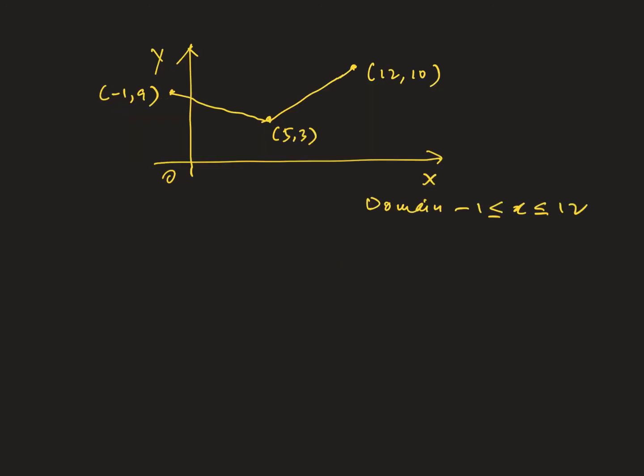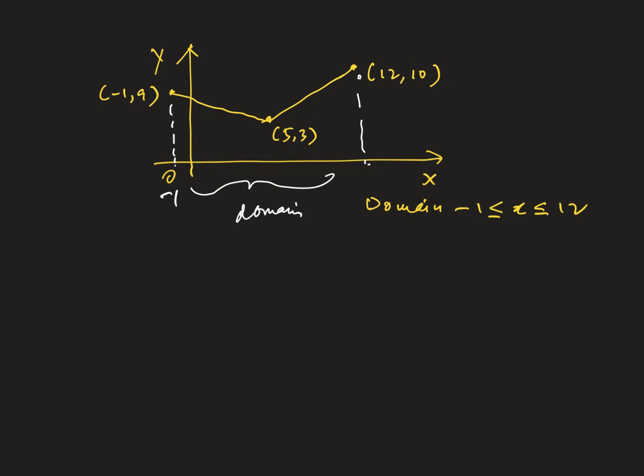Dear student, the graph here shows the relationship between set x and set y, where the domain for x is between -1 and 12. That means the domain is -1 here to 12. This is the domain.